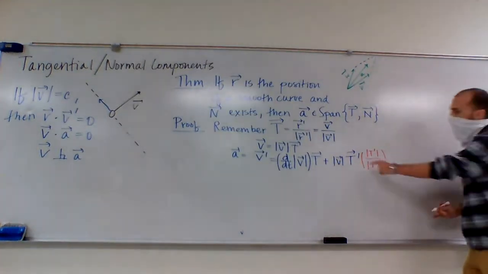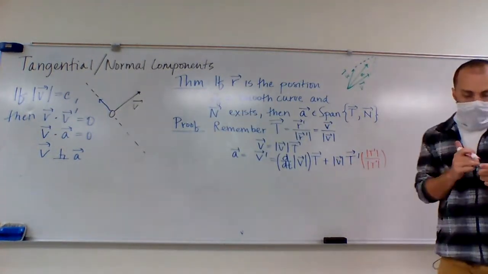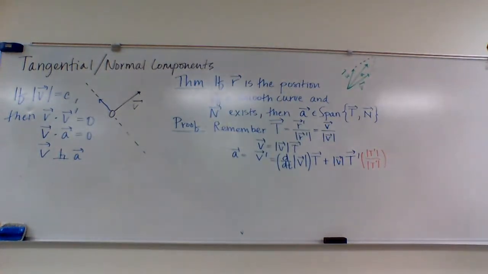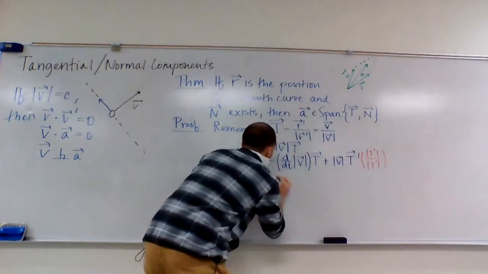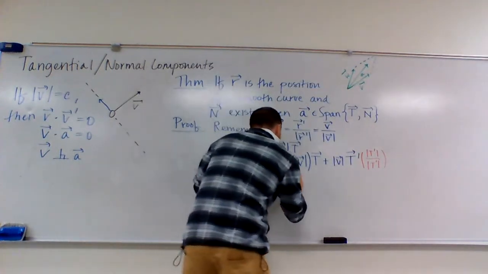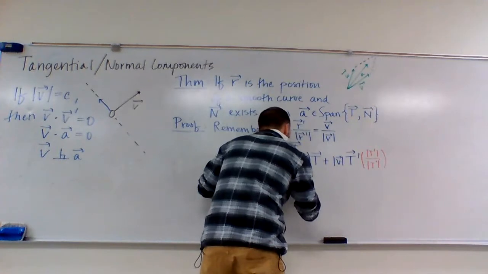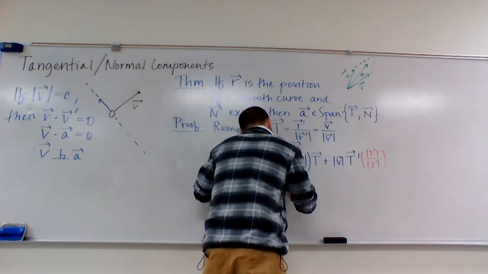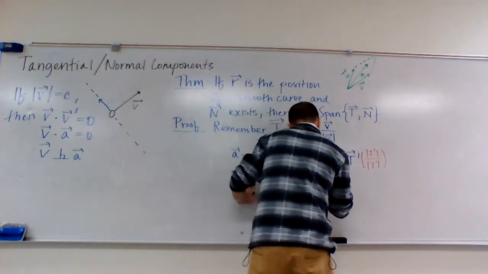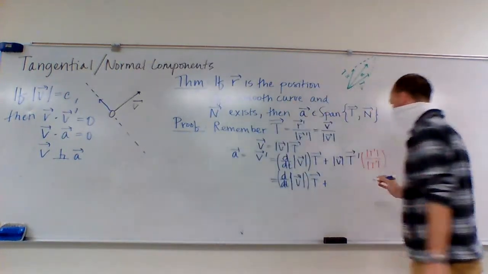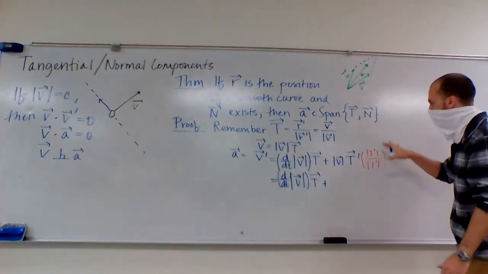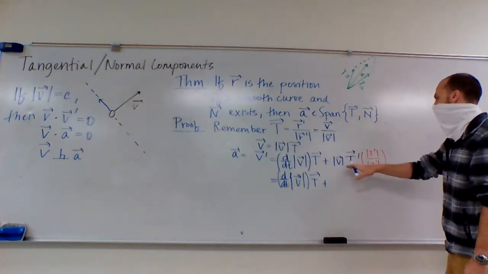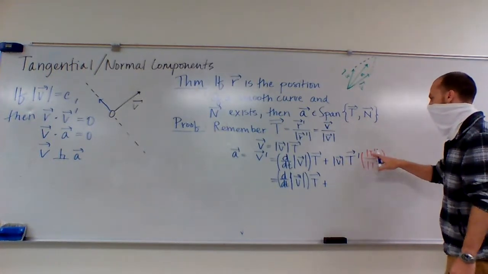But then what I'm going to do is put these two together. T prime divided by the length of T prime, that's the unit normal vector. So I'm going to say that this is equal to the derivative with respect to time of the absolute value of v, the derivative of speed, times T, plus, and now I'm going to shift this around, the length of v times the length of T prime.